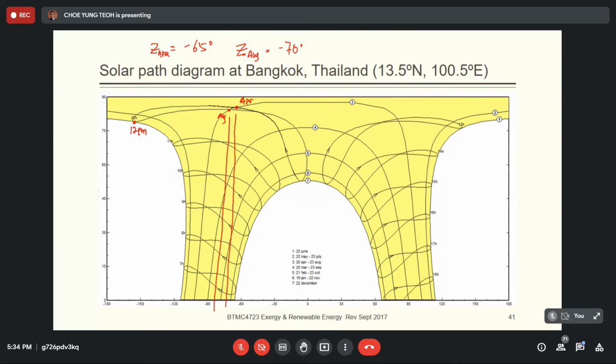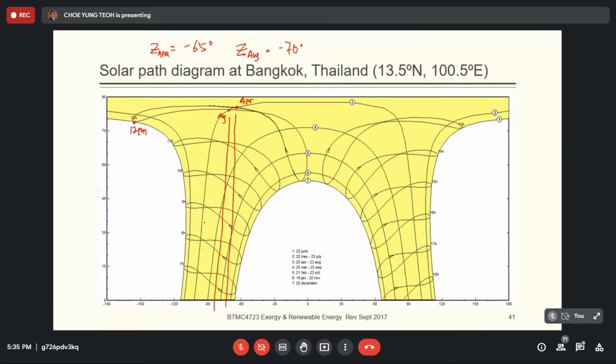Do you notice that the value for this azimuth is not actually linearly changed with time? Okay, you can see that, we look on line 3, it starts from negative 100, plus 105, let's say. But you see 7 a.m. and 8 a.m., the change of azimuth angle is very little.